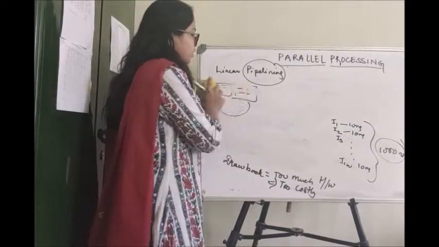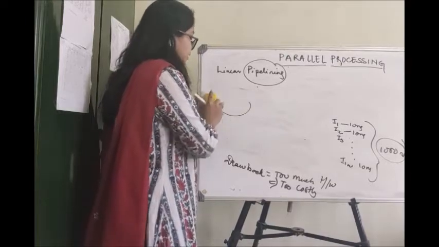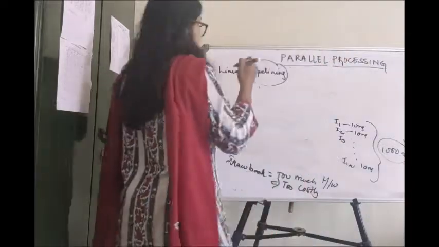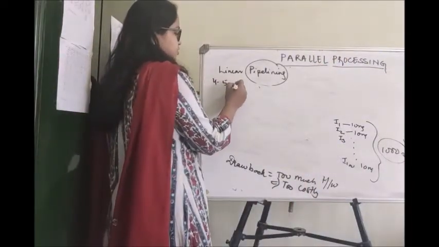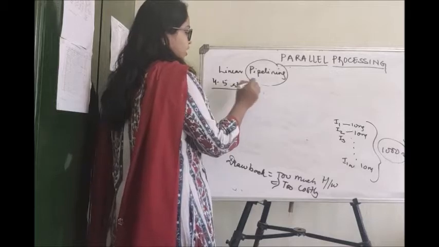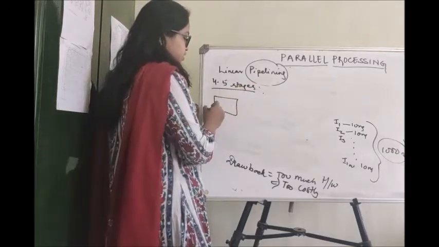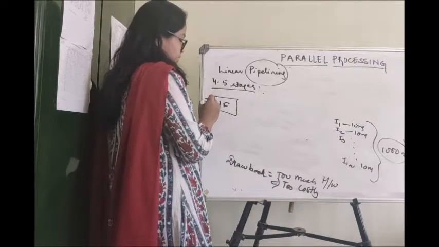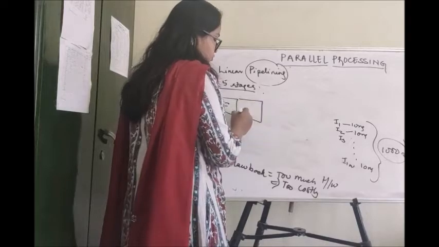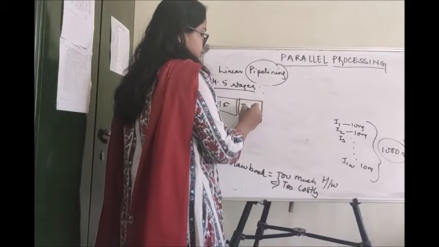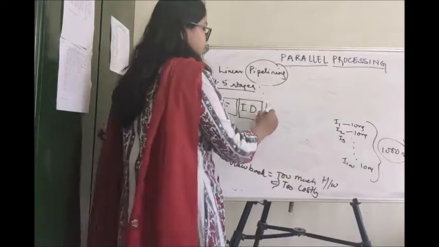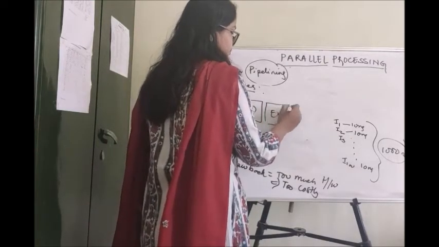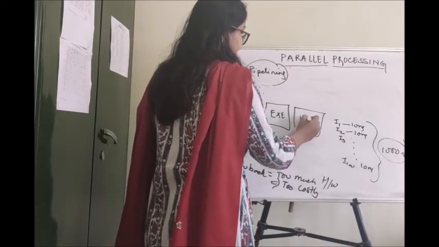But if we look closely in a detailed manner, we usually have 4 to 5 stages. So what are those stages? First, the instruction is fetched. Suppose this is an instruction I1. Then we have to decode the instruction, then execute, then write back.